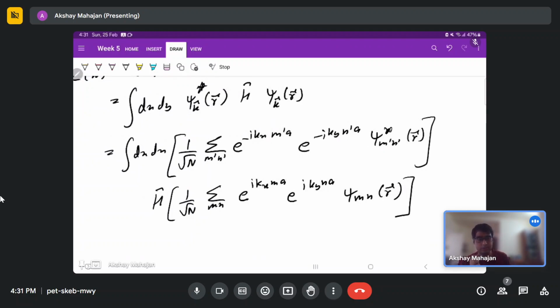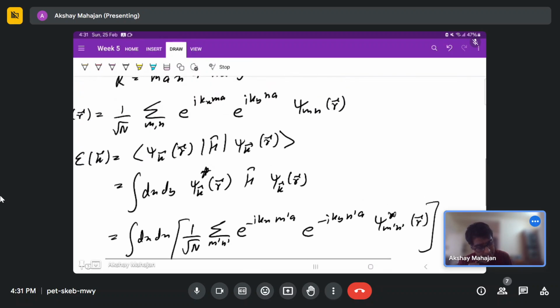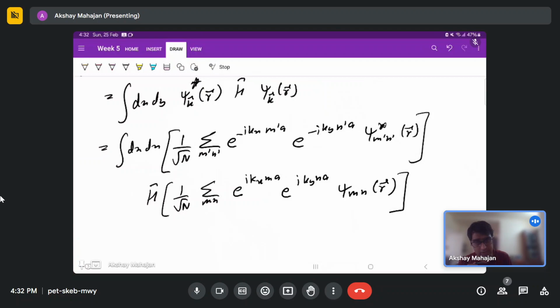Any doubt up to this point? I have just written psi k vector r vector as we have defined. One is the complex conjugate, one is the wave function, and in between we have our Hamiltonian operator.